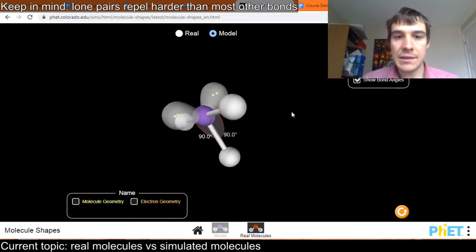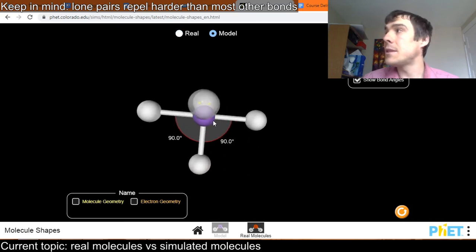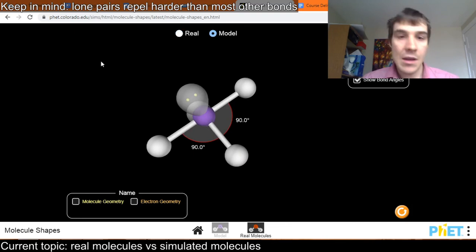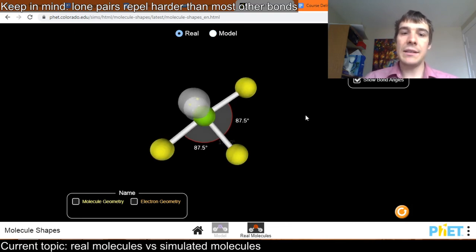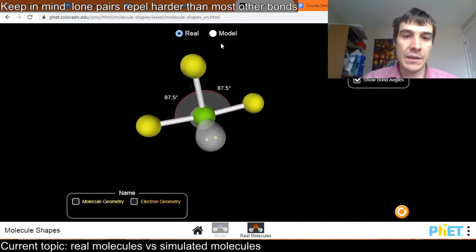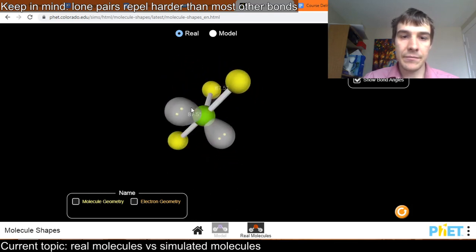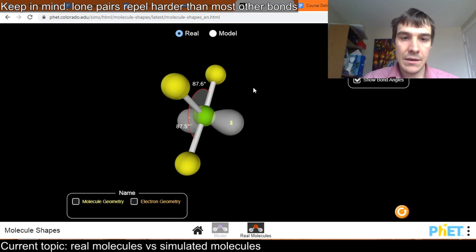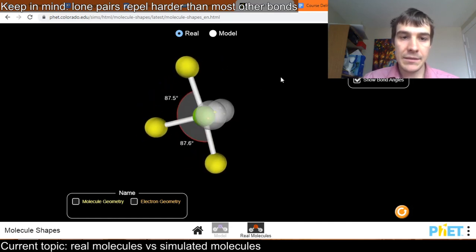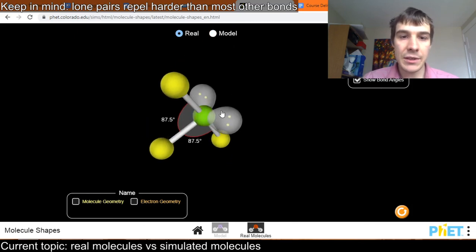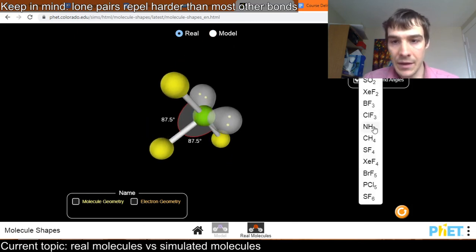ClF3, the model is T-shaped. The model is T-shaped because it's 5 domains and 2 lone pairs. But the real molecule has a little bit less than 90. It's 87.5, a little bit less, 87.5 compared to 90. Because, once again, those lone pairs push a little bit harder than those bonds do.